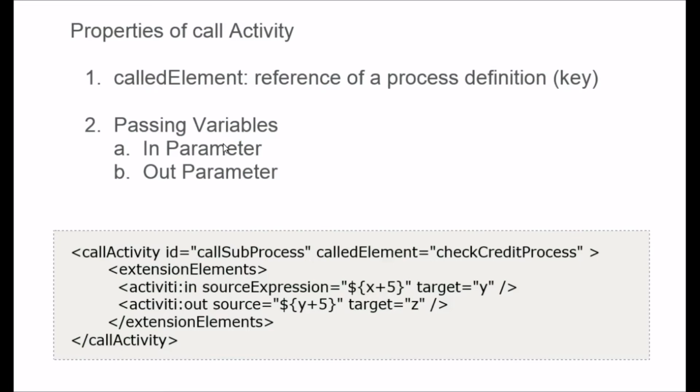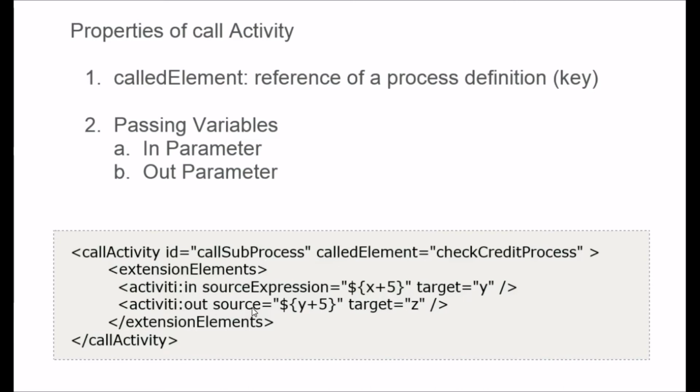Basically, these properties are required to pass variables from a main process to a sub-process and from a sub-process to the main process. Here you can see the source expression is a main process variable and the target is a variable which we can refer to in a sub-process, and vice versa.